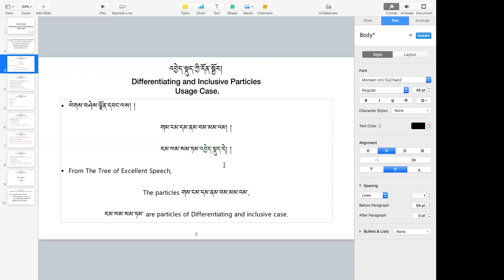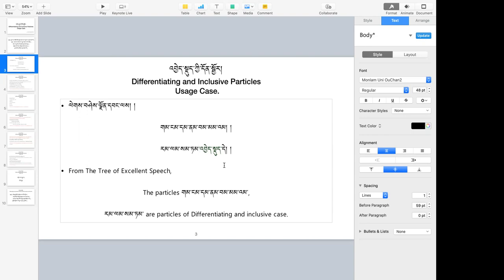And so these 11 particles can also be understood as the differentiating particles when used in the statement of differentiating case, and inclusive particles when used in the inclusive statement. So therefore, the nature of the particle is influenced by the nature of the statement and not the other way around.